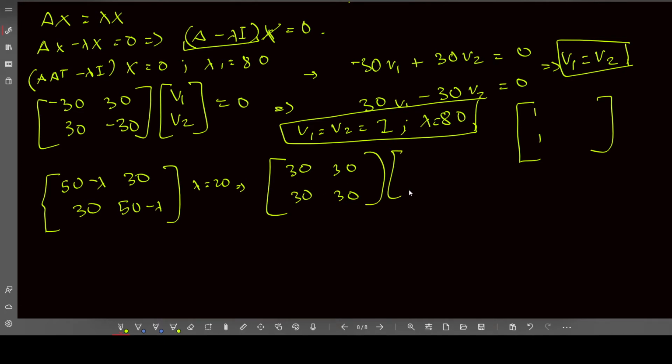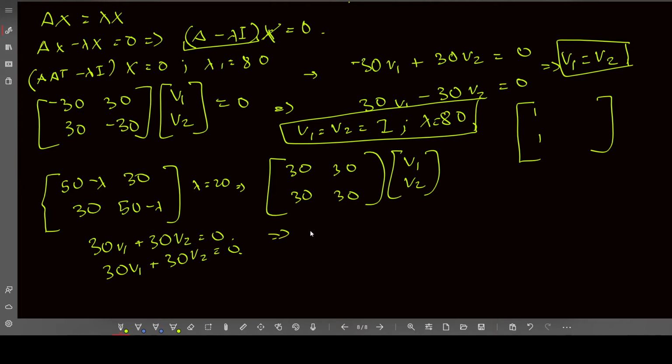right? Multiply this by v1 and v2, we get 30 v1 plus 30 v2 is equal to 0, and 30 v1 plus 30 v2 is equal to 0. So this is v1 equals minus v2.